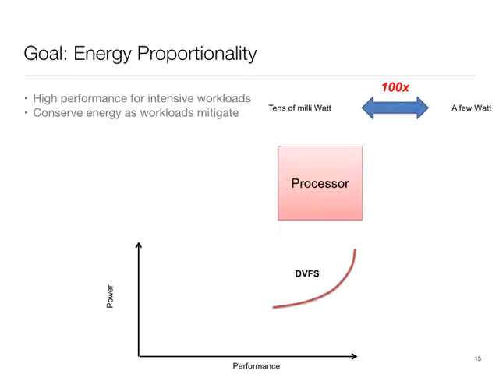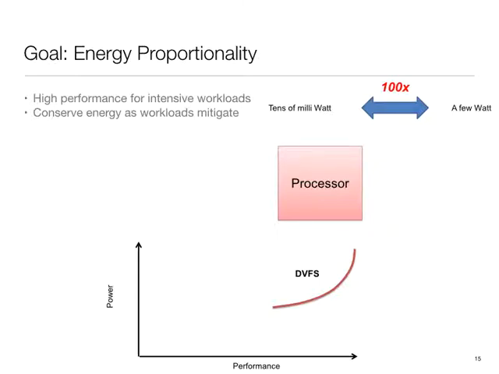If you just look at processors, there are processors which are optimized for a certain band, and within that band you have the ability to turn a knob and make some sort of speed versus power, or performance versus power, trade-off.